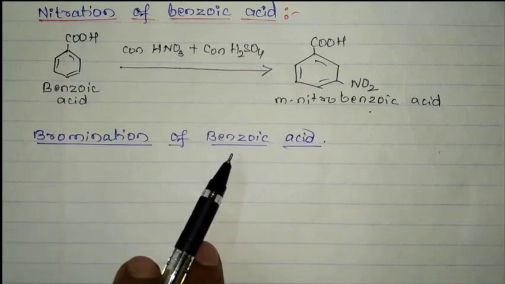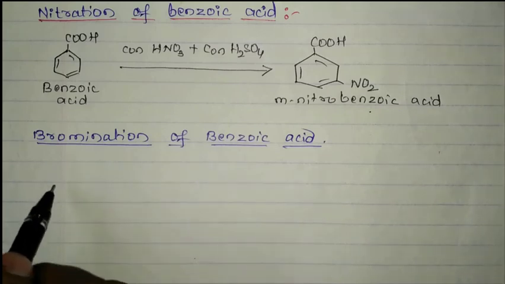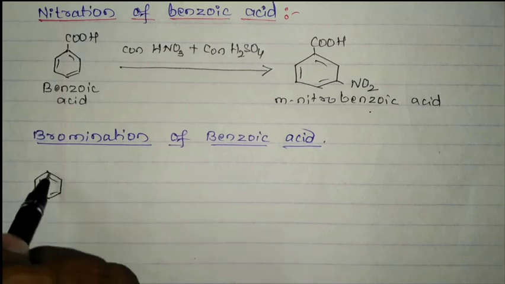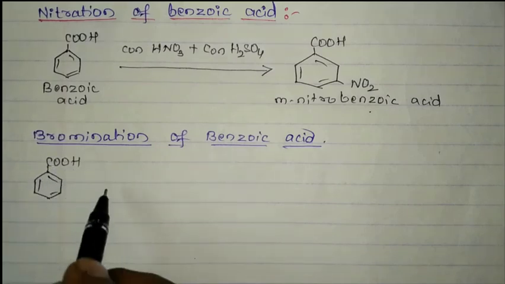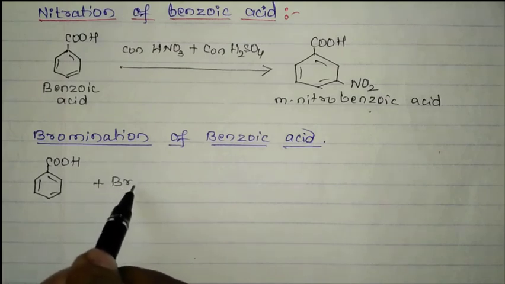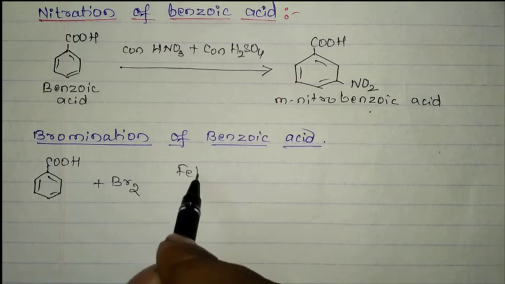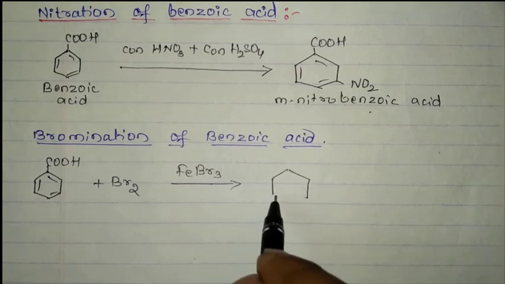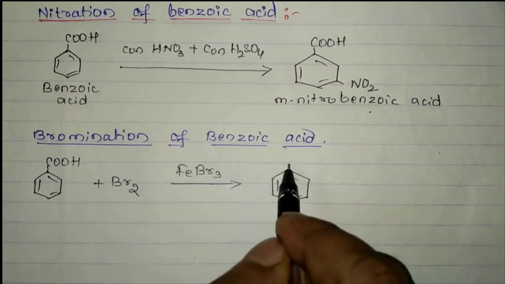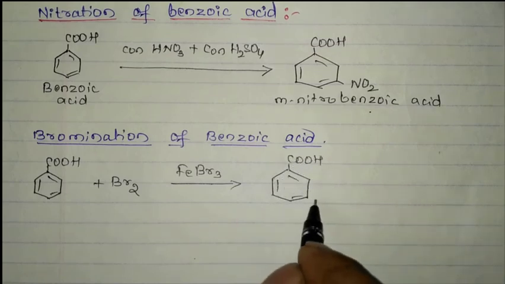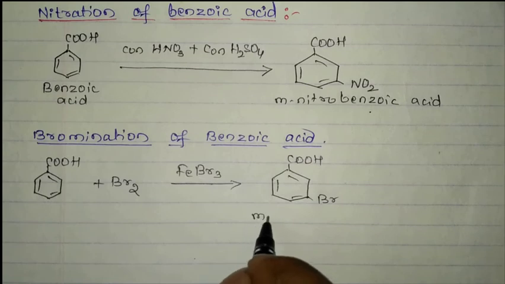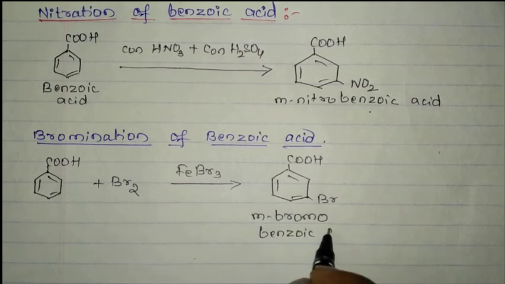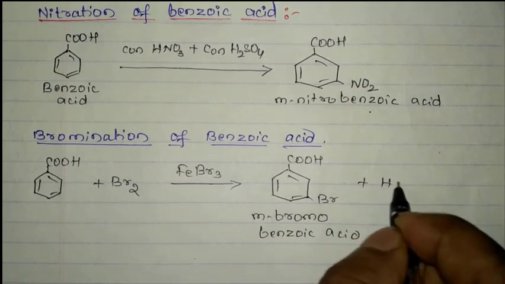The next reaction is bromination of benzoic acid. Benzoic acid reacts with bromine in the presence of a halogen carrier like ferric bromide, FeBr3, and gives meta-bromobenzoic acid plus HBr.